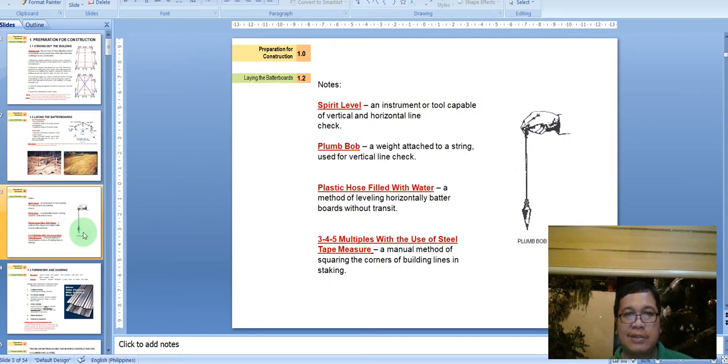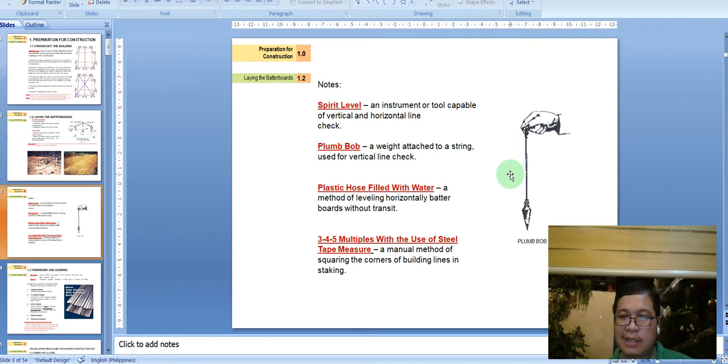These are the different tools. You have the spirit level, an instrument or tool capable of vertical and horizontal line check. You have your plumb bob, a weight on a string used for vertical line check. Your plumb bob, class, is something that you're going to use, especially when you do your hollow blocks.